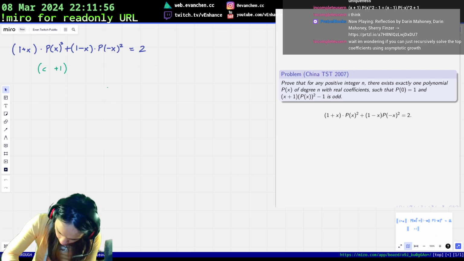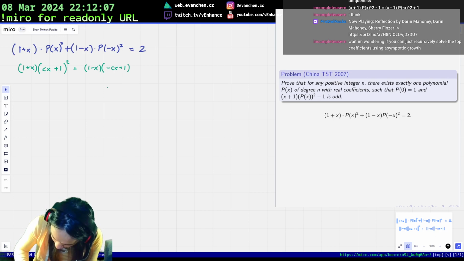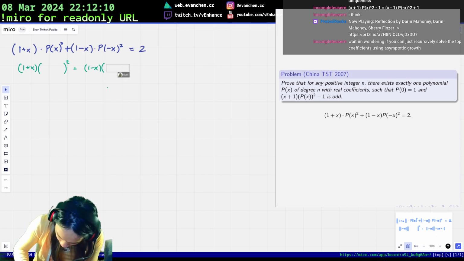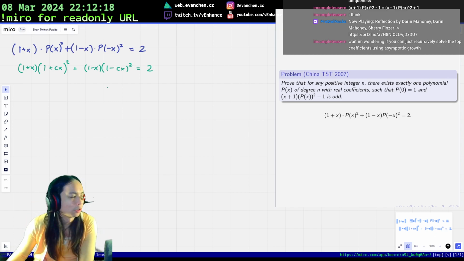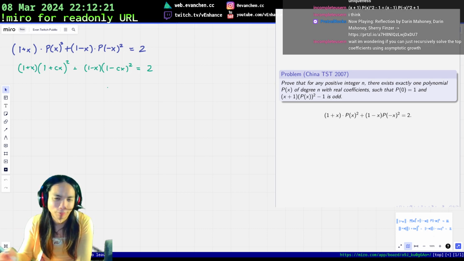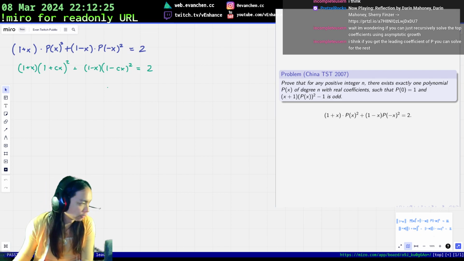Then if I take the next coefficient, I want to show there's a unique value of c which makes the identity true. I feel like there are fewer minus signs if I write it in this format, so I'm going to write all my polynomials with degrees going up instead of going down.